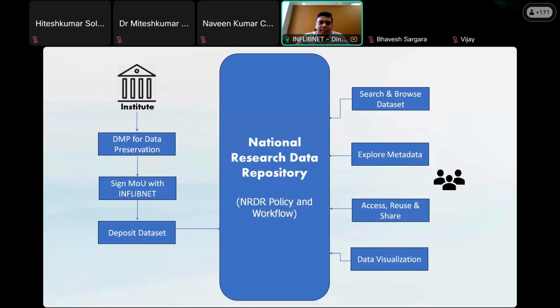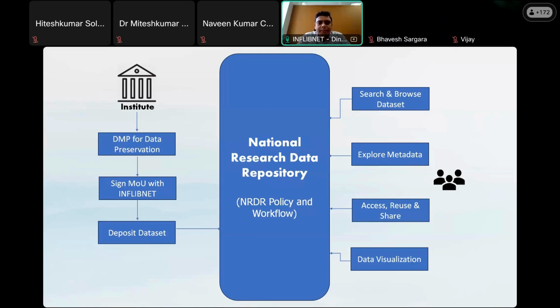There are two aspects. One is the point of view of the institutions, who will be the stakeholders, and another is the users who can share their data, and also the general user who can explore, access, and reuse the data.